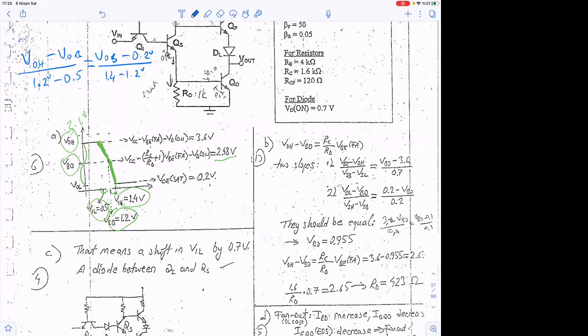This is fixed, so this is 3.6. So from here, you can determine the VOB.